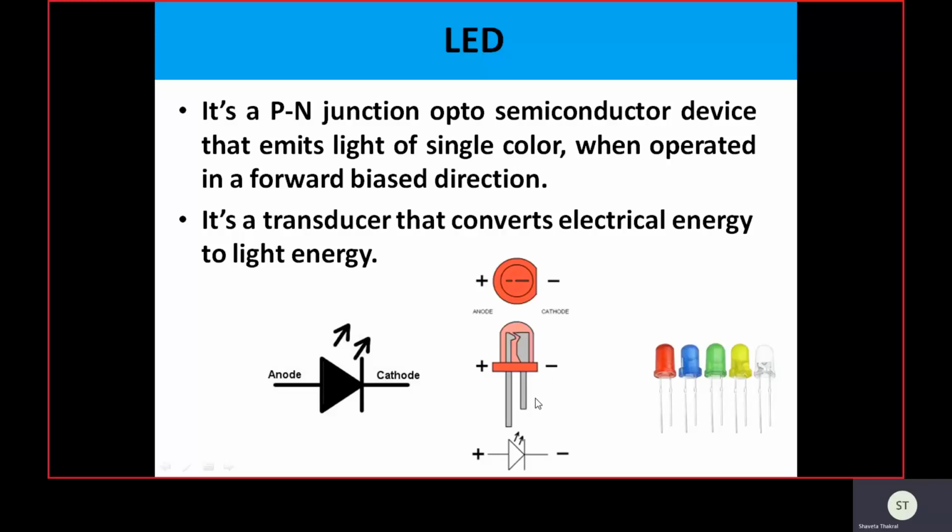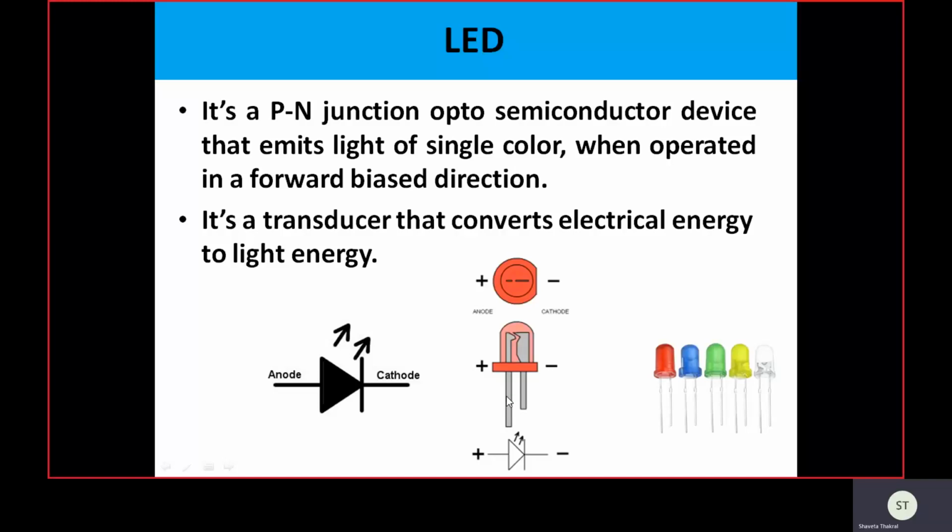Now let's say by mistake both the leads are cut and the size is made equal for both the leads, then how to identify which one is anode and which is cathode? For that purpose we can see the internal representation in the dome type structure. In the dome type structure we can observe that the width of the cathode is large as compared to the width of the anode.